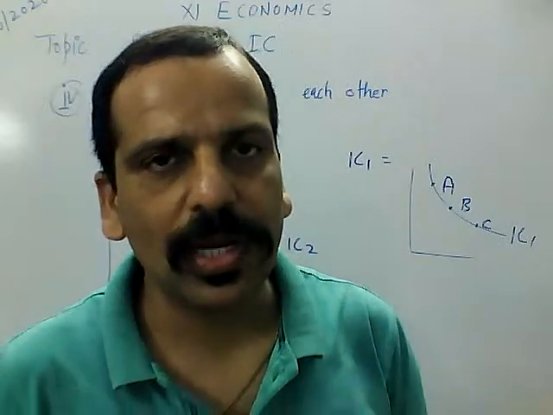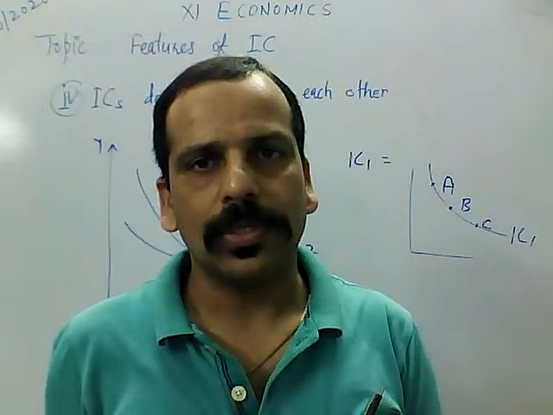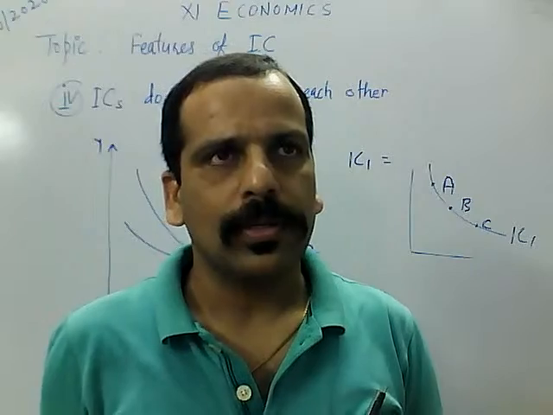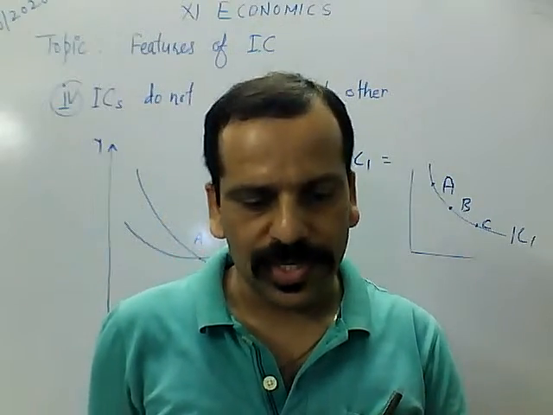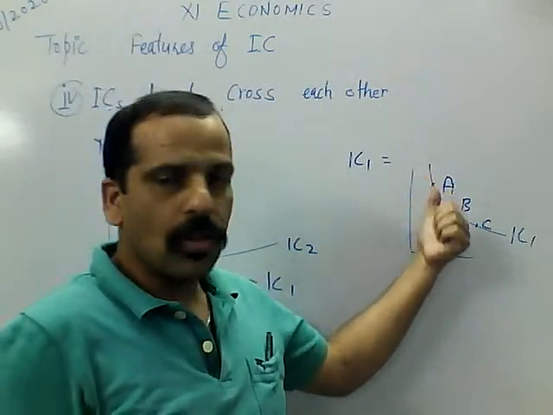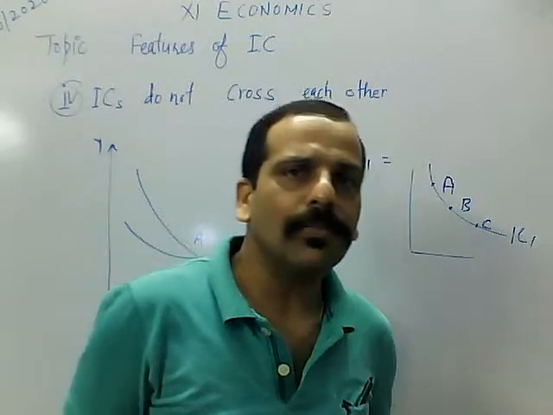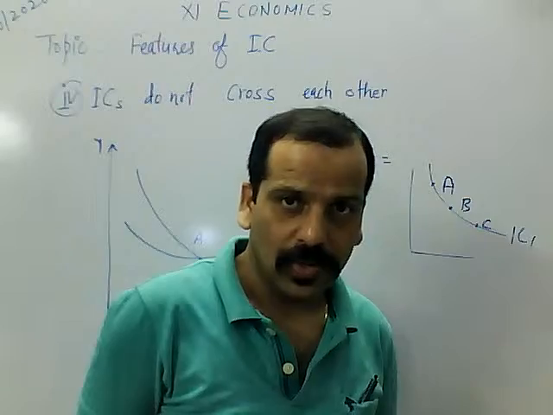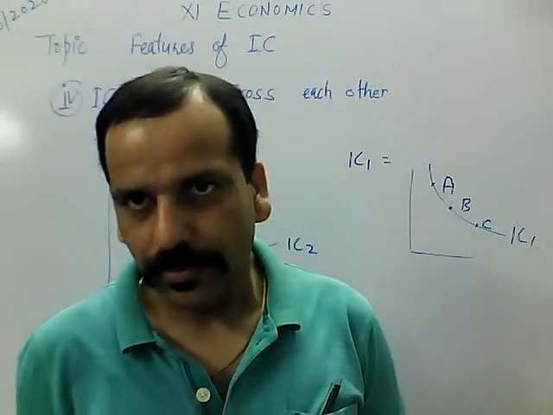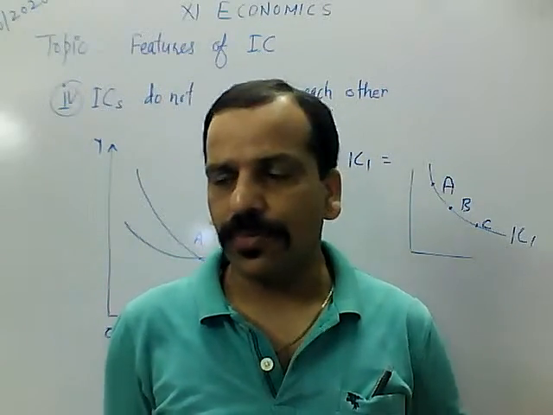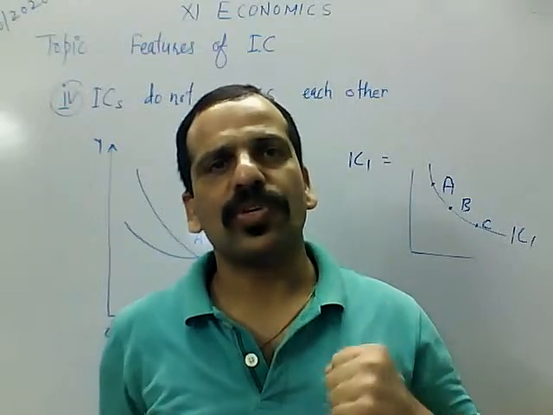This is what I taught in the beginning. Yes or no? In the beginning of this day, I taught you that any point, any combination on the indifference curve, either A, B or C, gives the same level of satisfaction.